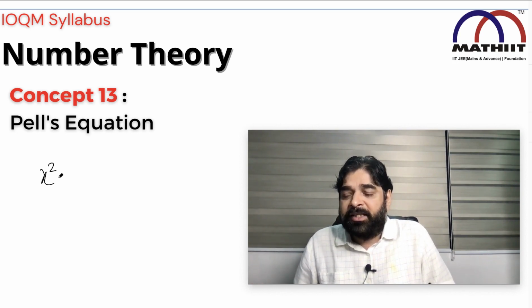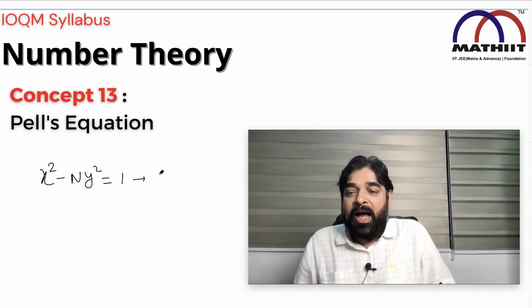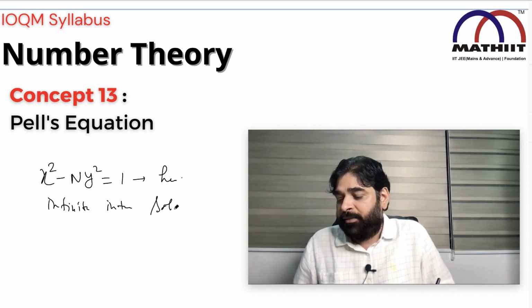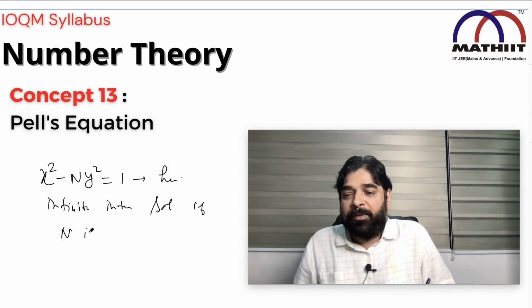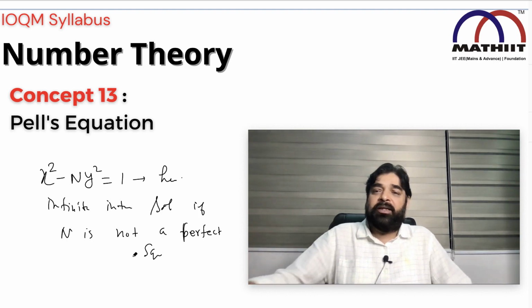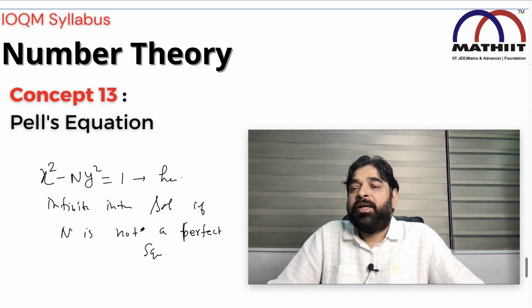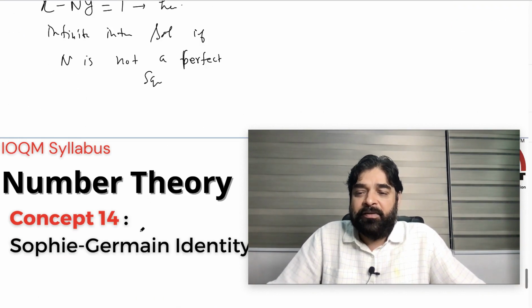What Pell's equation says is that x square minus n y square is equal to 1 has infinite integral solutions if n is not a perfect square. Further, you have to study more detail into this. I'm just telling you the topic name, nothing else. So Pell's equation you have to study.